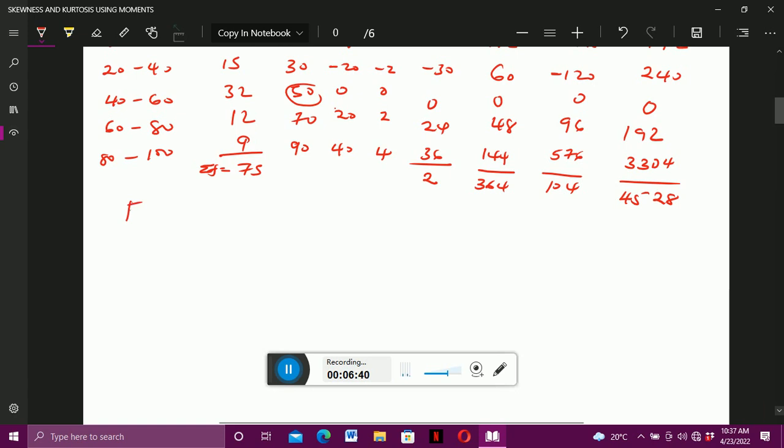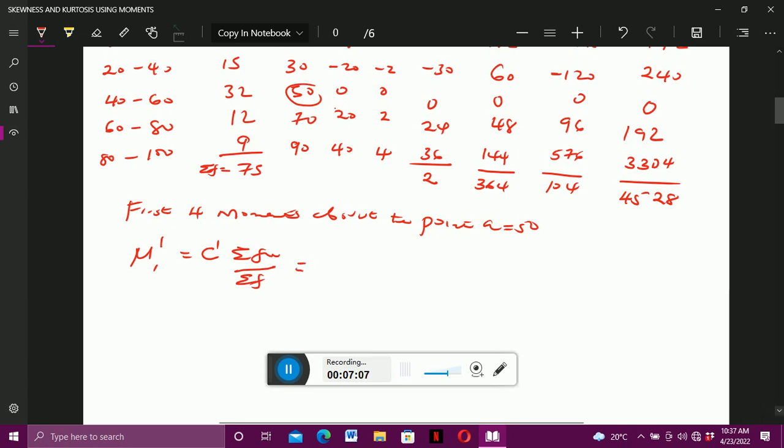So mu1 prime is C raised to power 1 times sum of fu over sum of frequencies.